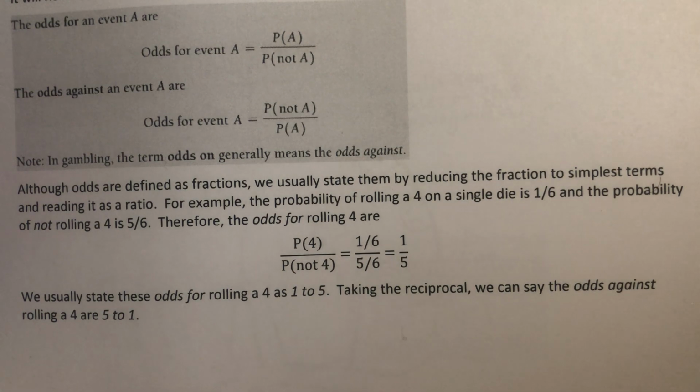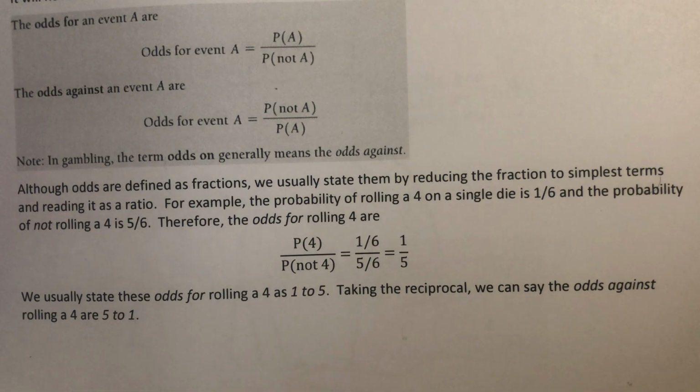So the 6's cancel, and the odds of rolling a 4 are 1 to 5. The flip side of that, the odds against rolling a 4 are 5 to 1.